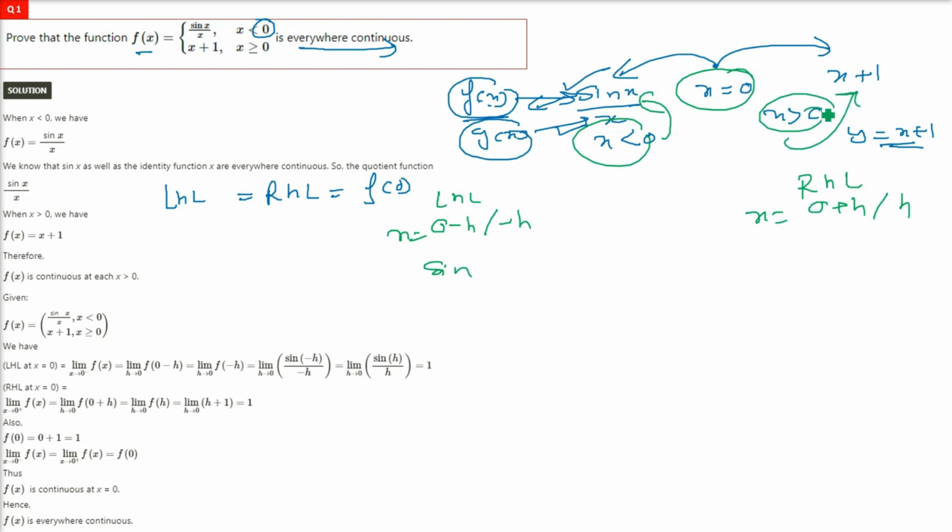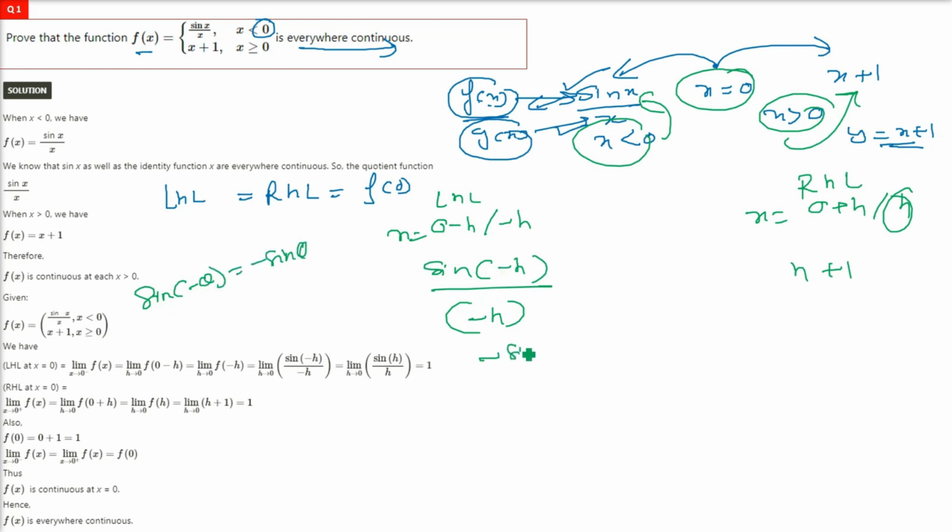For x greater than 0, we just put h. So this is sin minus h divided by negative h. Here we have x plus 1, so you can just write h plus 1. You know that sin minus theta is minus sin theta.